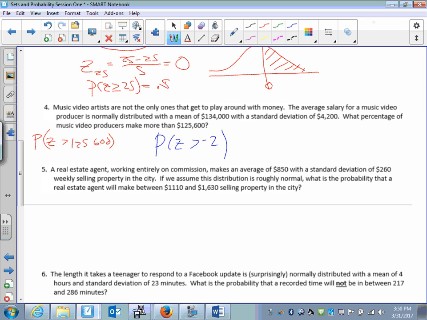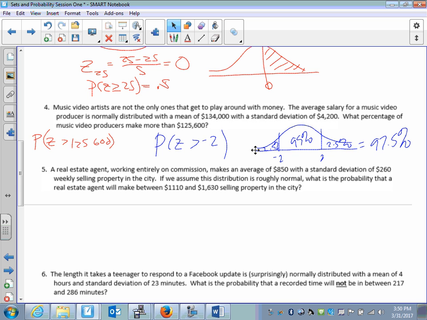Maybe we should do it that way. So what we've got is from -2 to 2 is 95%, and then there's 2.5% here and 2.5% over here. So we would end up with 97.5%.